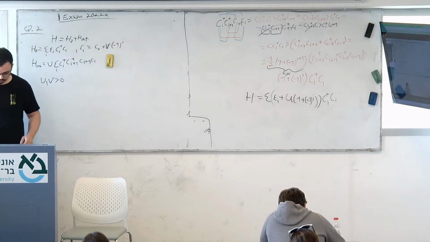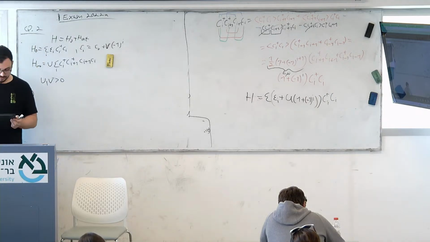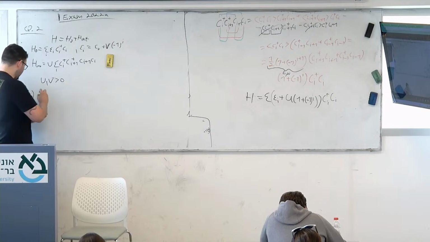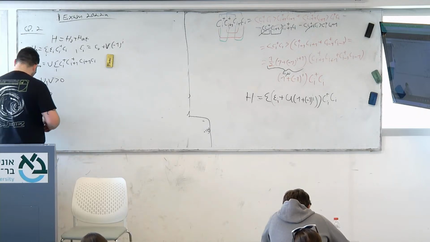Right, part 2. Okay, so in part 2, we're given some general ground state, and we're given the expectation value for this ground state.